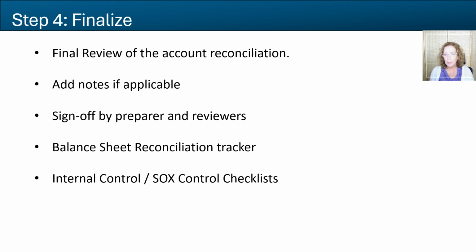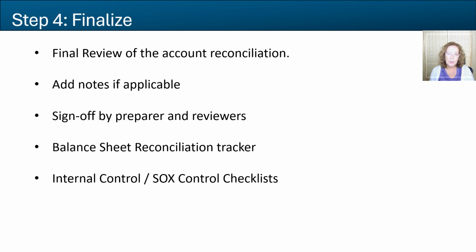Both the preparer and the reviewers need to sign off. The number of reviewers depends on your sign-off policy. It's not uncommon for complex and very material accounts to be signed off by multiple reviewers or for the accounting team to update other teams about the reconciliation, especially if the account involves complicated estimates, calculations, and assumptions.